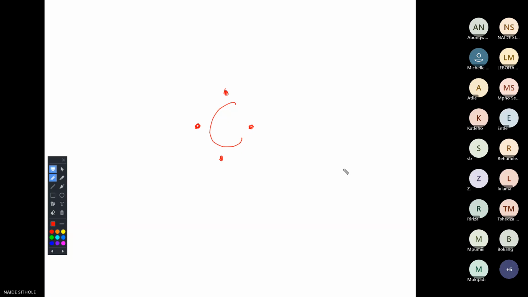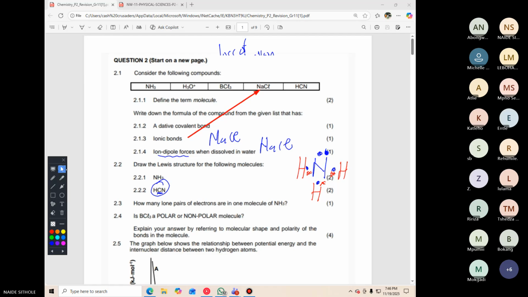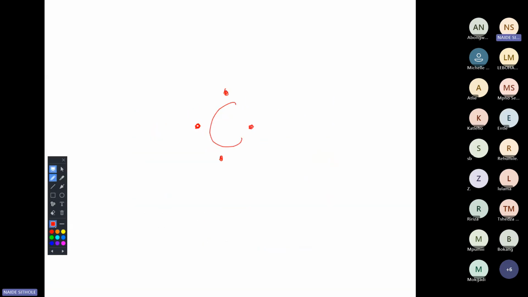You have your carbon, you have your nitrogen this side, which we're going to say 1, 2, 3, 4, and then 5. And then this side we have hydrogen, which only has 1.